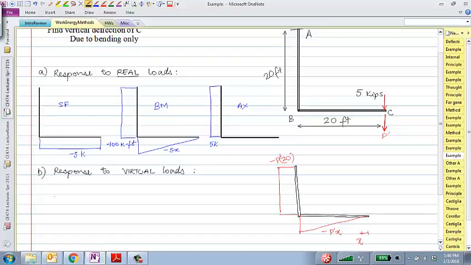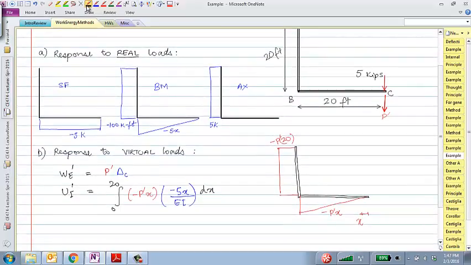So the virtual work done is once again P prime times delta C, and the UI internal energy is, in the horizontal leg going from 0 to 20, virtual bending moment minus P prime times x, and real curvature, that's minus 5x divided by EI, dx.